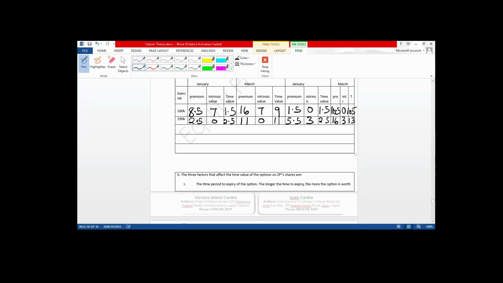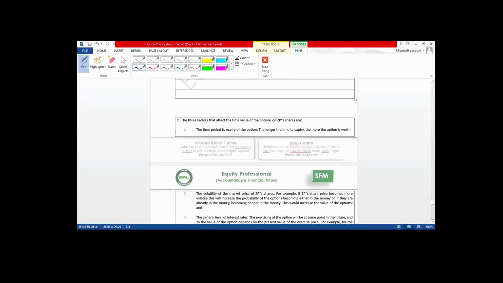The three factors are: one, the time to maturity of the option.